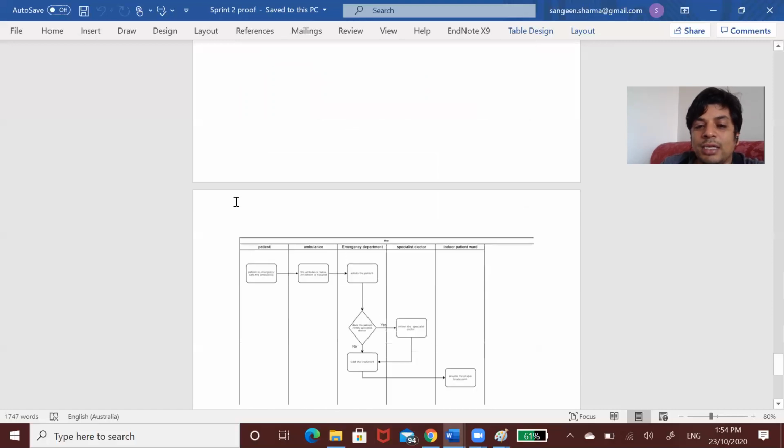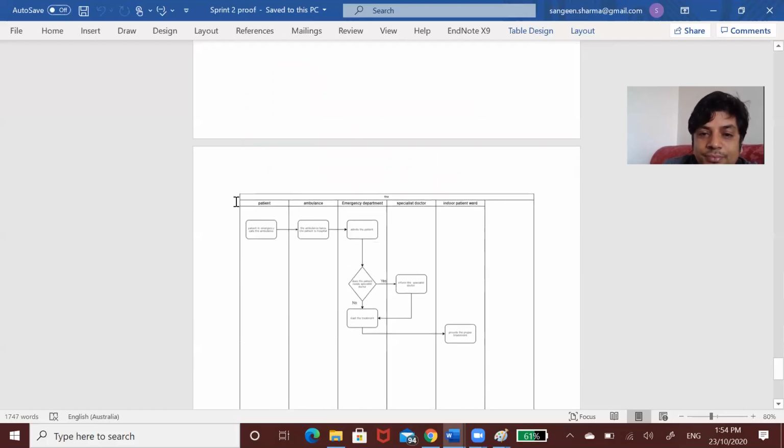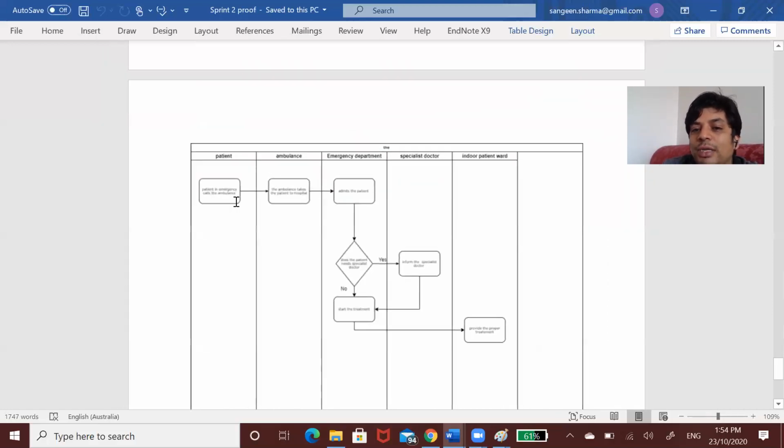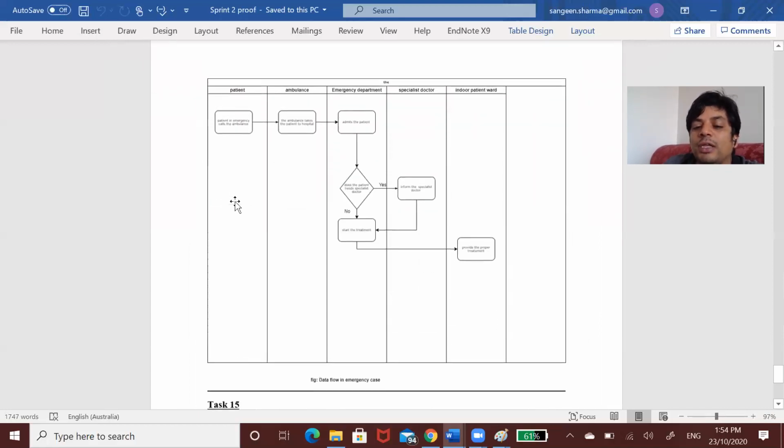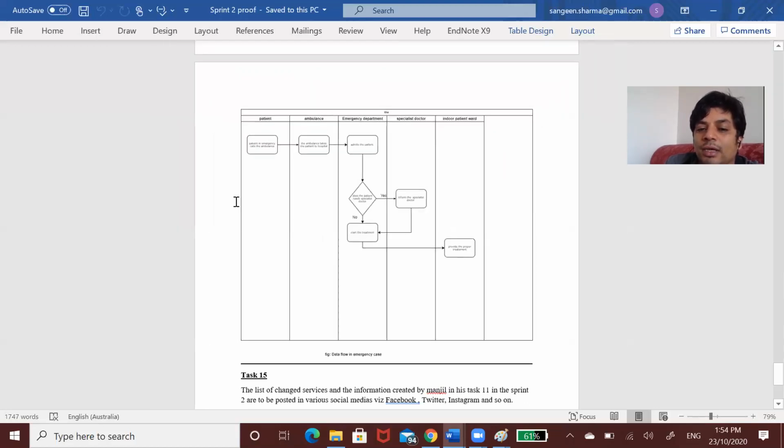And similarly, how the communication and data flow works in an emergency case between the paramedical team in the ambulance and the hospital emergency department, how they communicate. This is the structure.